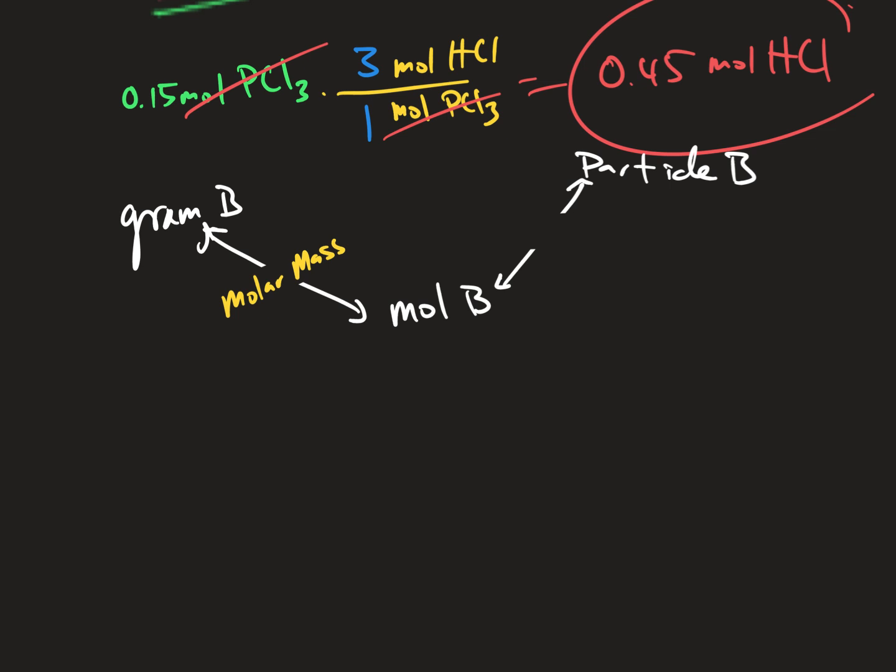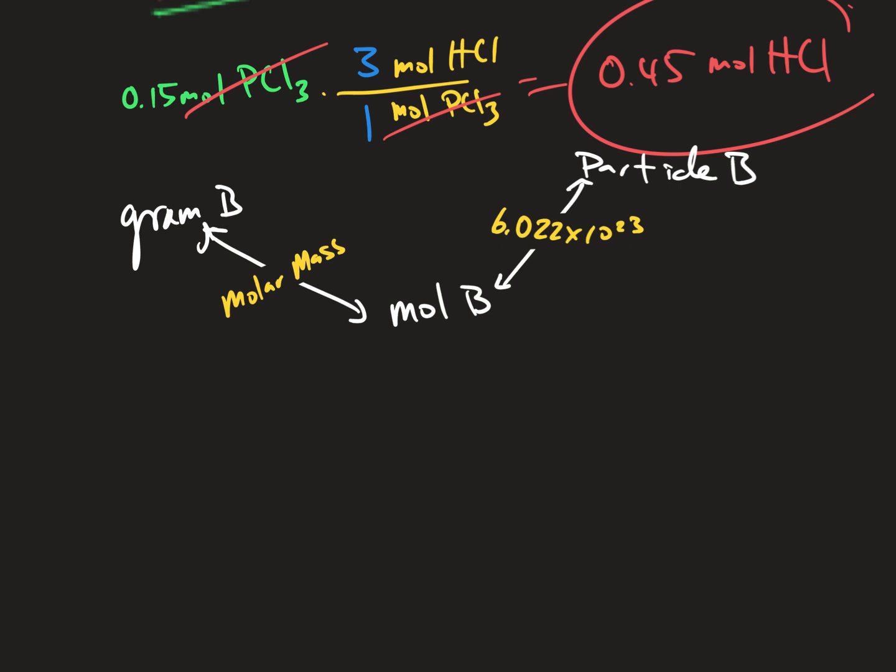No? Okay. And then what do we use to go from moles to particles, particles to moles? Avogadro's number, 6.022 times 10 to the 23. Because 1 mole of anything is that many particles. And particles could be atoms, could be ions, could be molecules, right? Are we good with all of that stuff? Okay.